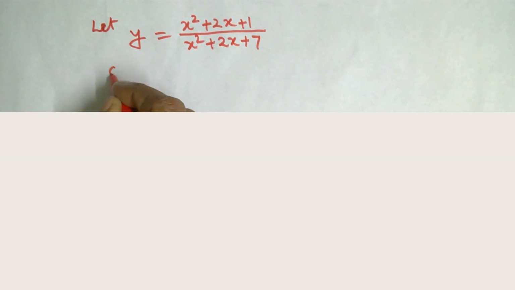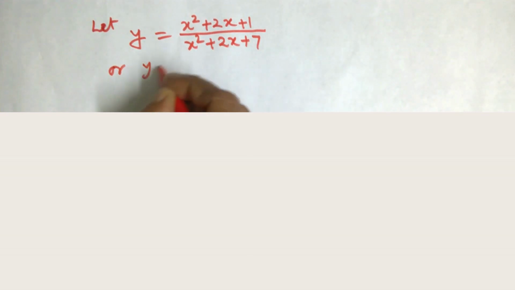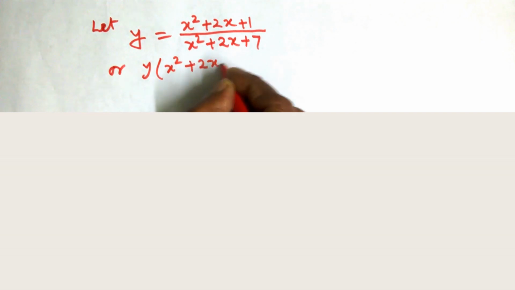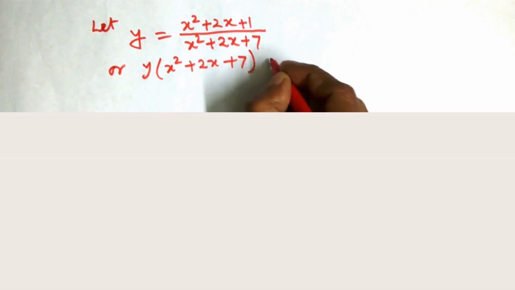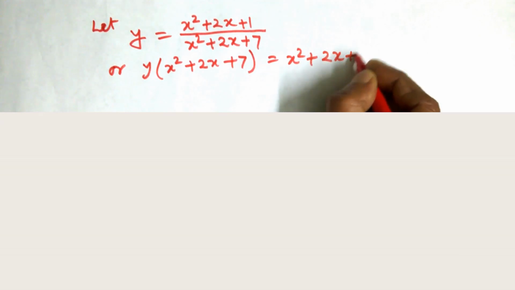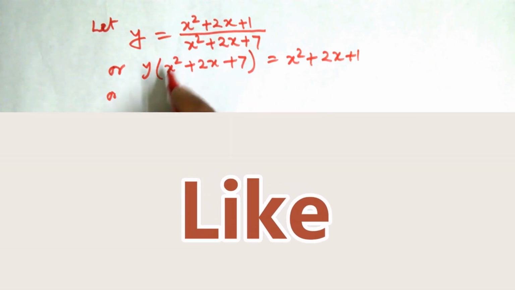First, multiplying both sides, y times (x square plus 2x plus 7) is equal to x square plus 2x plus 1. Now transpose all the terms of the right hand side to the left to make it into a quadratic equation.